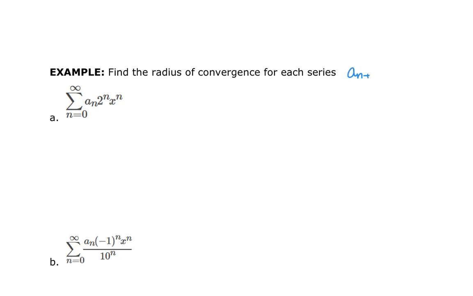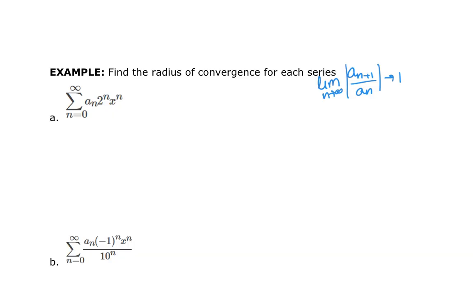The absolute value of a sub n plus 1 over a sub n, the limit of this as n runs to infinity, let's have this as 1. I think I'm missing that bit of information to be able to do A and B. I don't need the information for the other ones because I actually have an a sub n, but I will need it for 1 and 2.